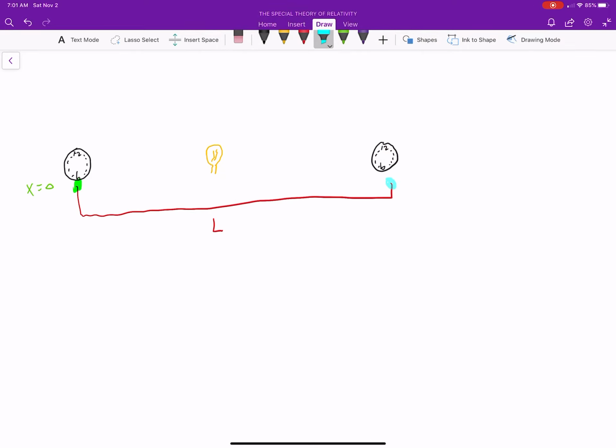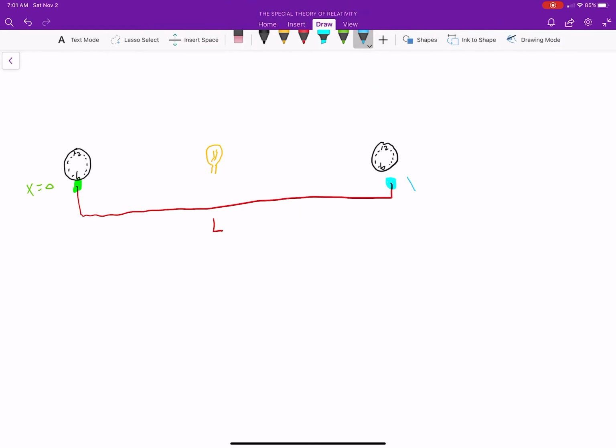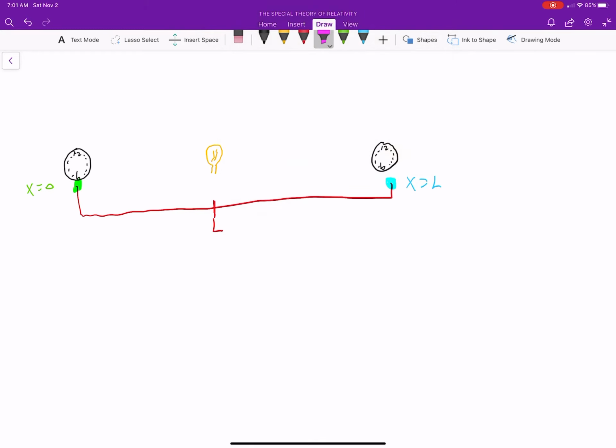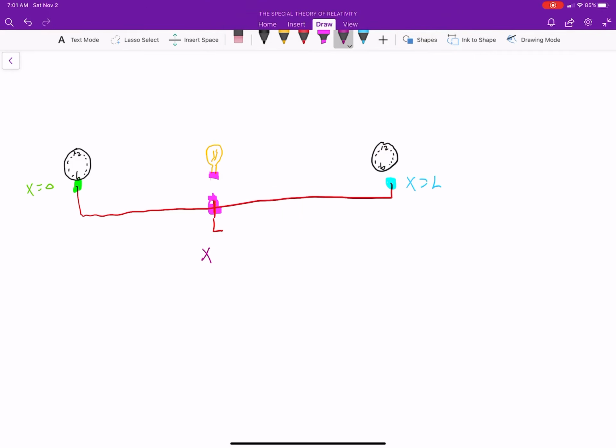Let's say this position, we'll call that x equals L. And the light bulb is at the perfect distance x equals L over 2. So the light is right in between the two clocks.